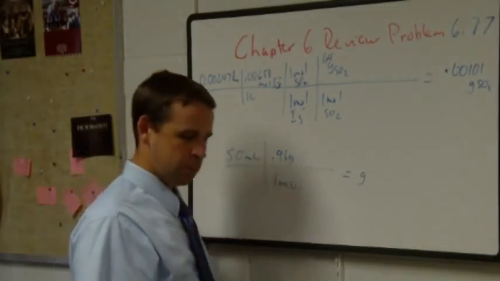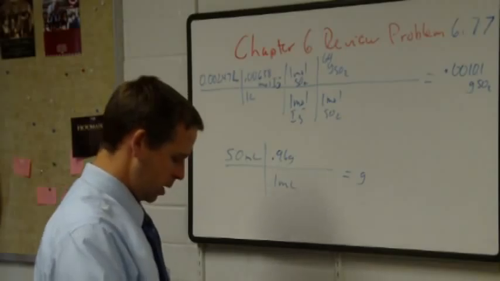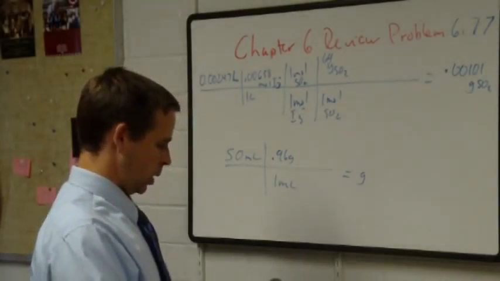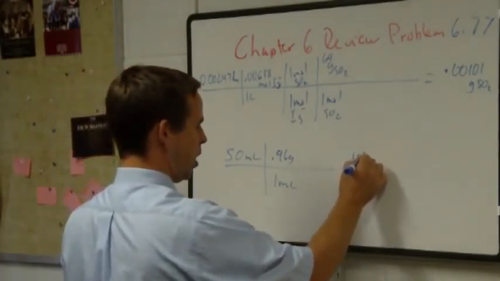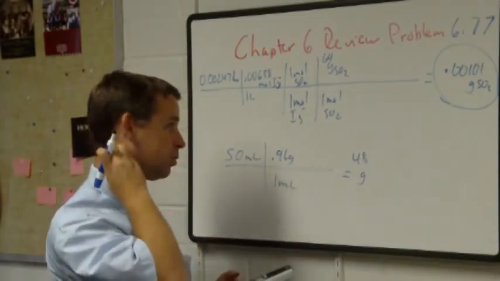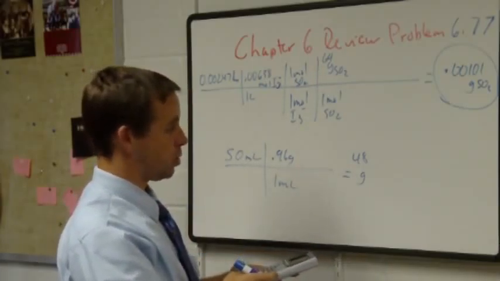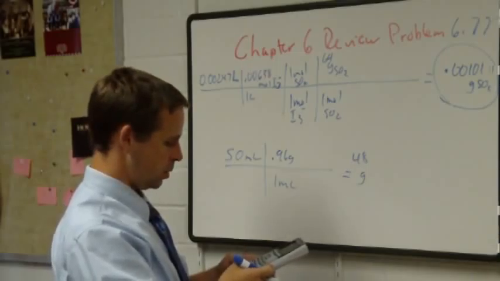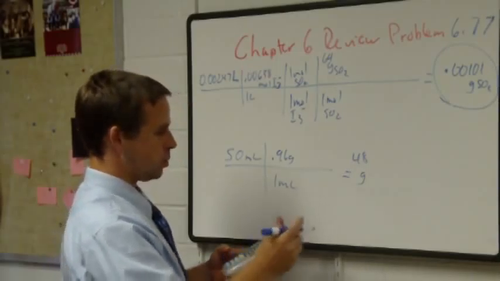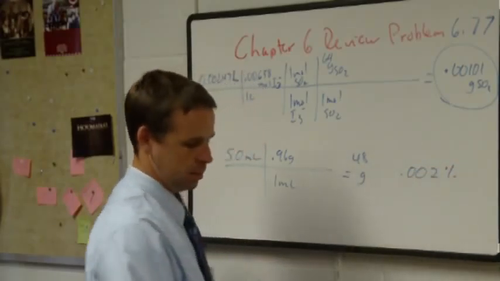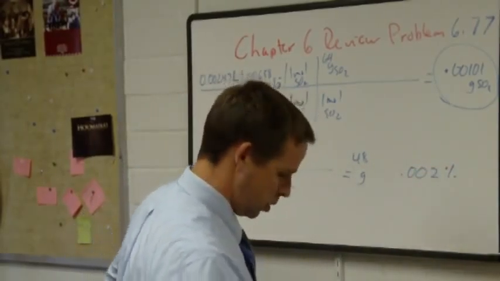All right, so 50 times 0.96, and that'll be the mass of the sample. All right, so there's 48 grams in the sample size, and this is how many grams were SO2. So we have 0.00101 divided by our 48 times 100, so that's 0.002%. All right.